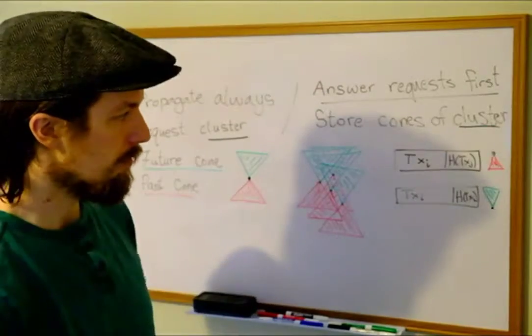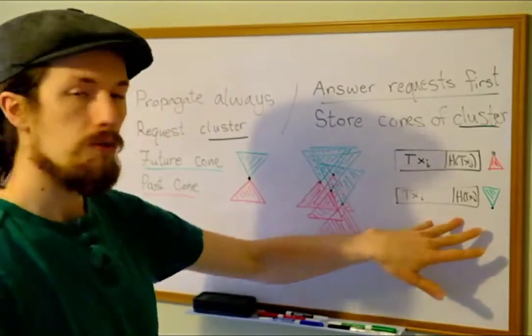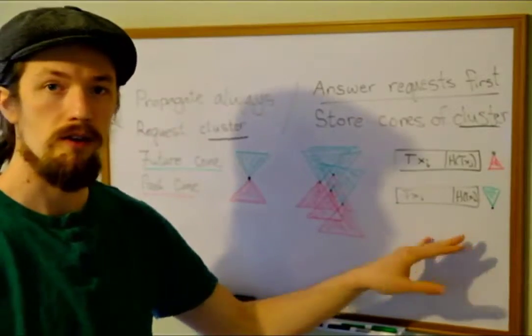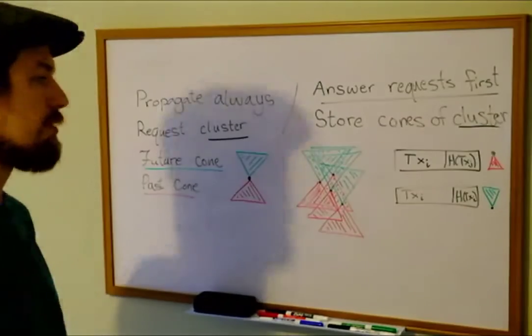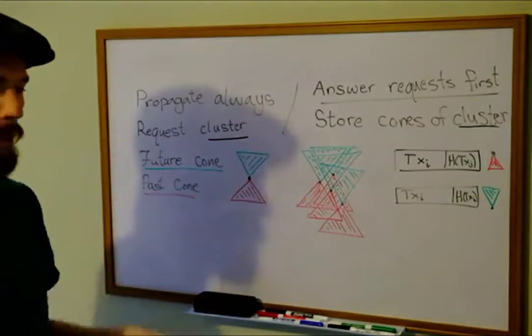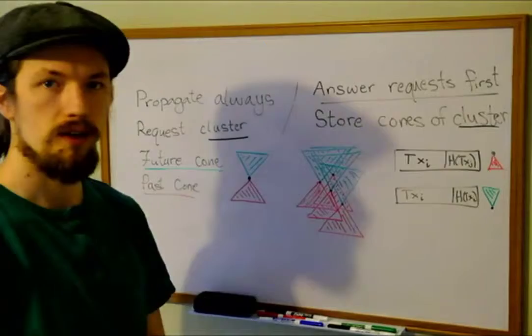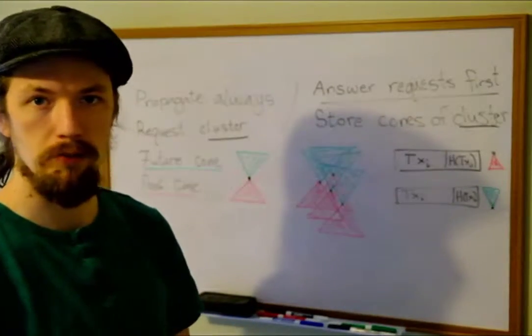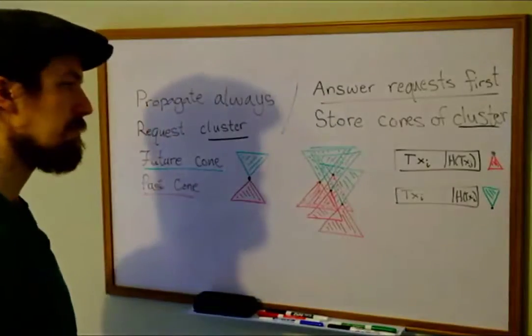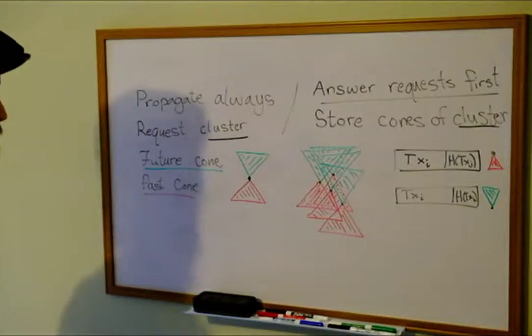And this is how many nodes with very limited resources can participate in the Tangle in a way that looks a lot like simple payment verification of Bitcoin, with some differences.